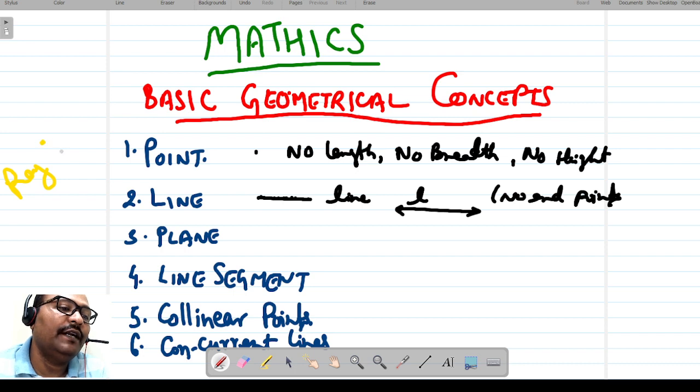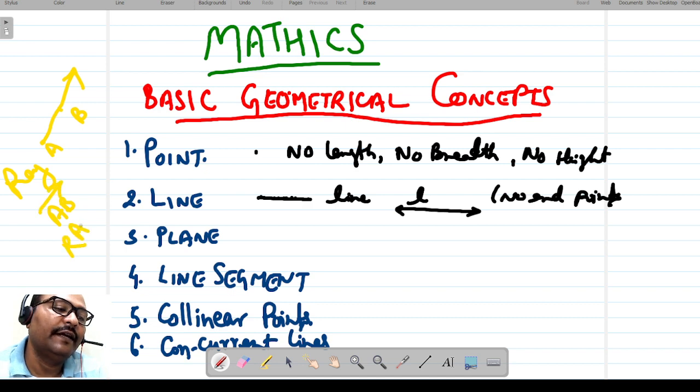This is an end point A, and from this it's extending continuously. So we write it as, suppose this is AB, then we represent AB like this. That means it is a ray, right, students?